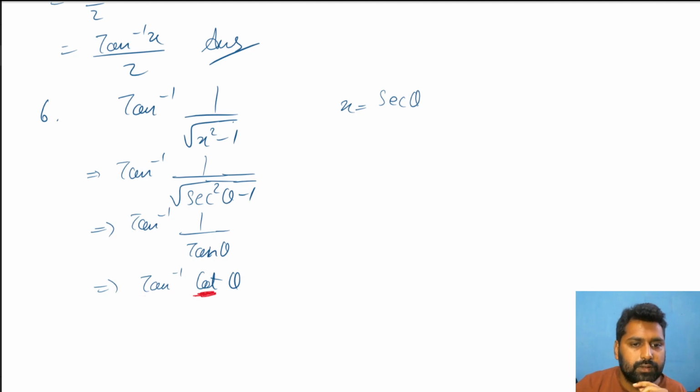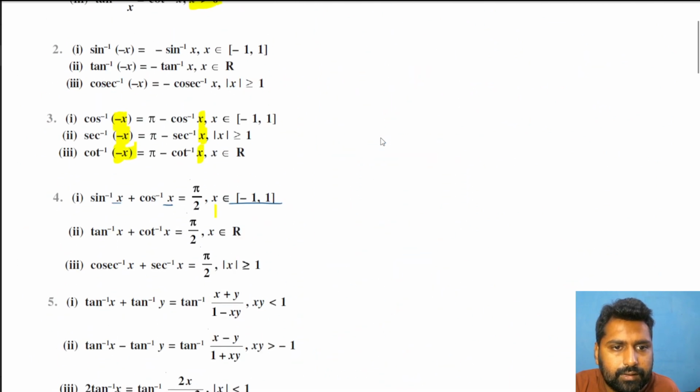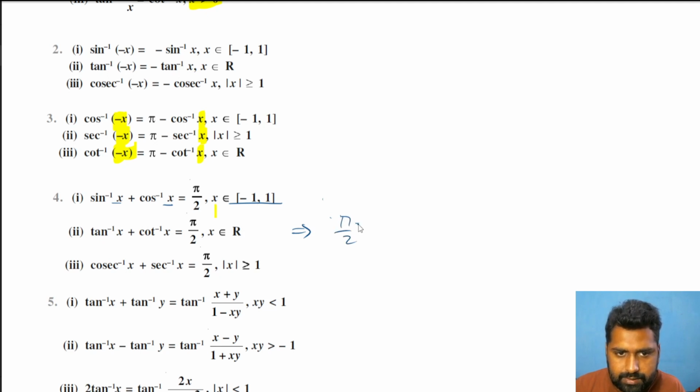So what I'll do is, I'll use the property that I told you to learn. This property has this benefit that it can be modified to convert tan inverse to cot inverse or cot inverse to tan inverse. What can I write? Pi by 2 minus tan inverse x is cot inverse x.